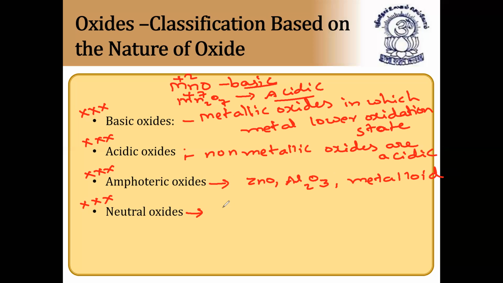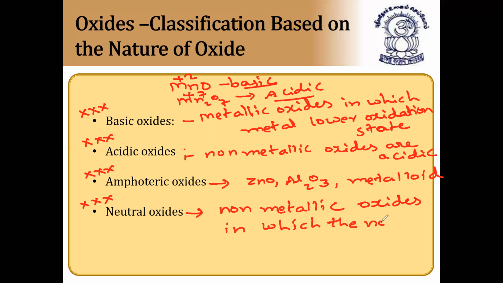Neutral oxides are non-metallic oxides, and this point is very, very important. Please note down: non-metallic oxides in which the non-metal is in a lower oxidation state are said to be neutral oxides.